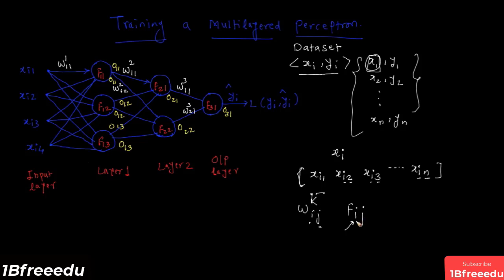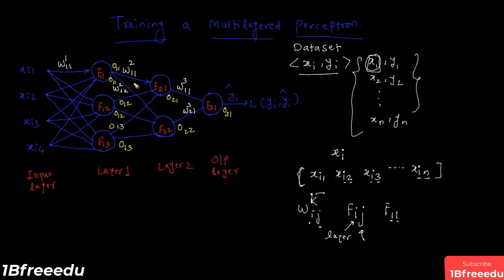That means this neuron is in the ith layer and its number is j from the top. For example, F11 means this neuron is in the first layer and it is the first neuron from the top, right? So numbering is like this: i is the layer number, and j says what the neuron number is from the top, right?